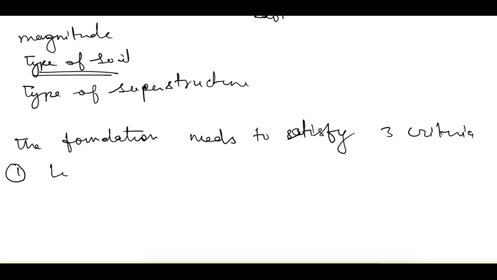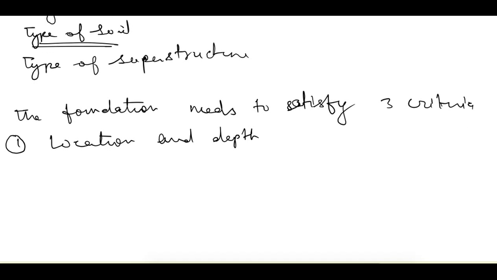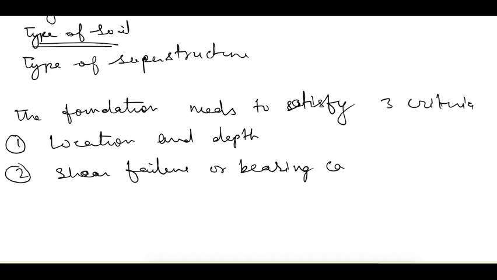First one is location and depth. After that, shear failure criteria, which is also called the bearing capacity criteria. And the last one is settlement criteria.